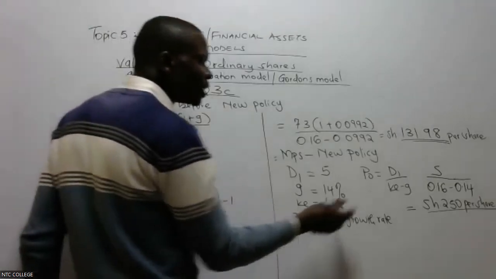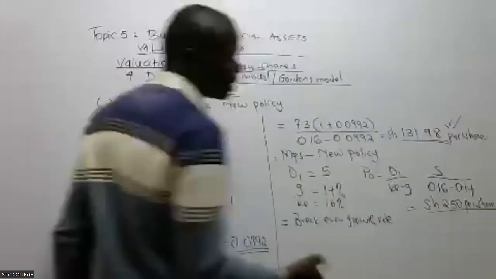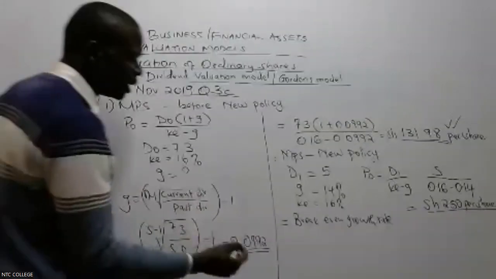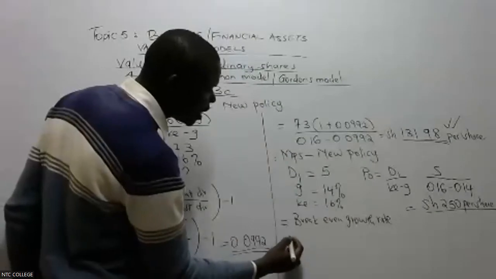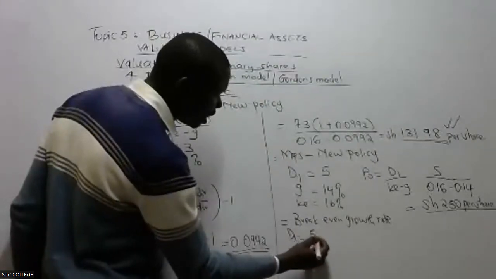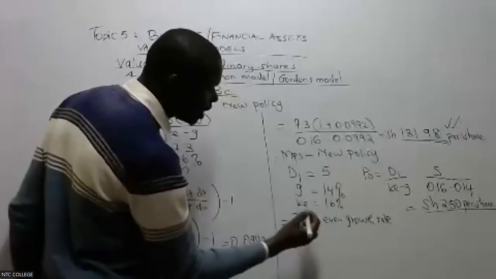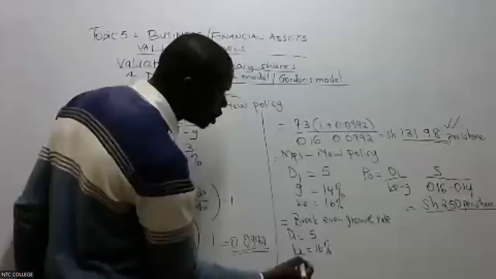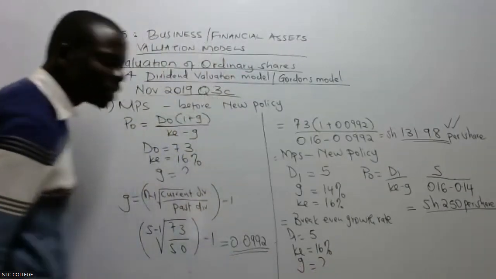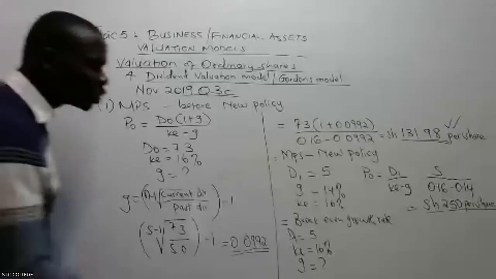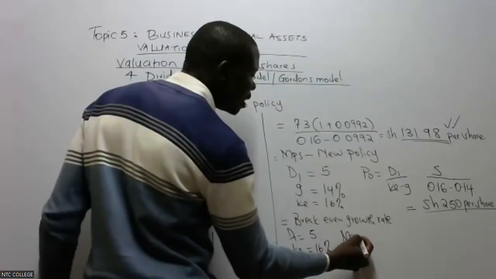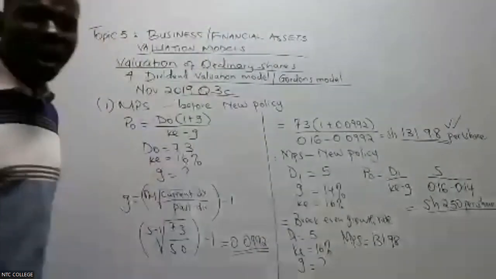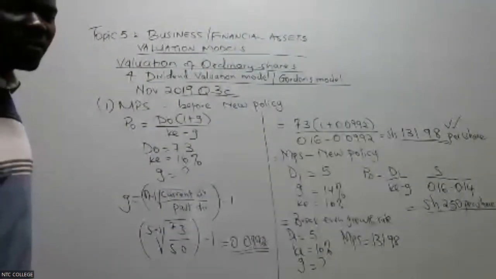So we want the growth rate using this market price. Remember, we have a new policy, where D1 is 5 shillings, KE is 16%. But what we don't have is the growth rate. So that is what they want us to determine. But also remember, our MPS, we have been told, is 131.98. That is what they've asked us.